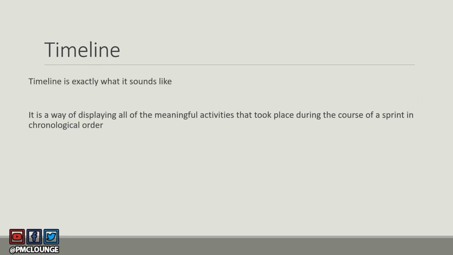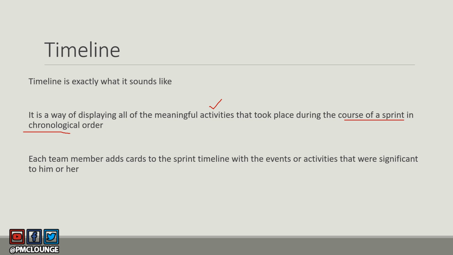So let's start off with timeline. And timeline is basically what it sounds like. It is a chronological list of all the meaningful activities or events that took place during the course of a sprint. Now, as a Scrum Master or an Agile project manager, you're not expected to come up with this list because each team member is going to participate in this activity.